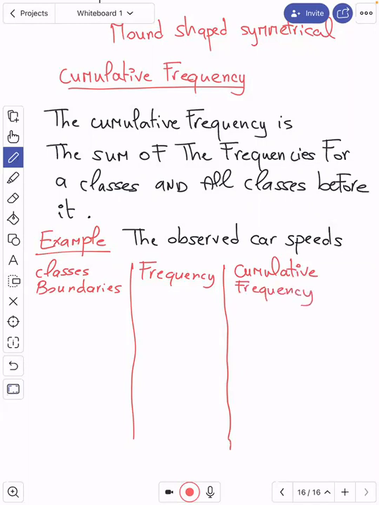All right, so we know the class boundaries and their frequencies, of course.